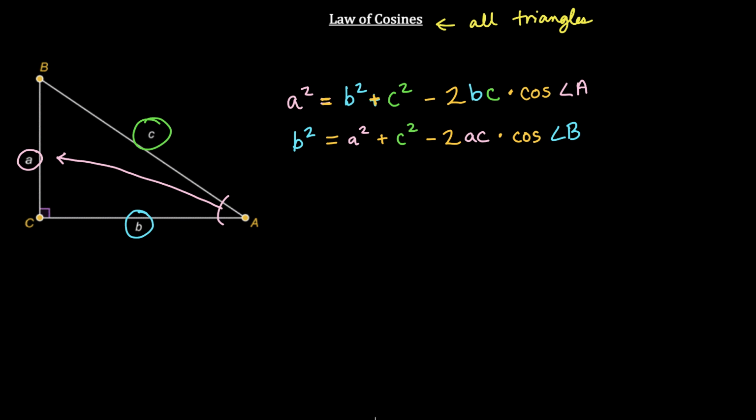Let's make sure y'all can see this B. This is angle B. And let's do C. So C squared equals A squared plus B squared minus 2 times A times B, times cosine of angle C. Sorry, I did the colors wrong.